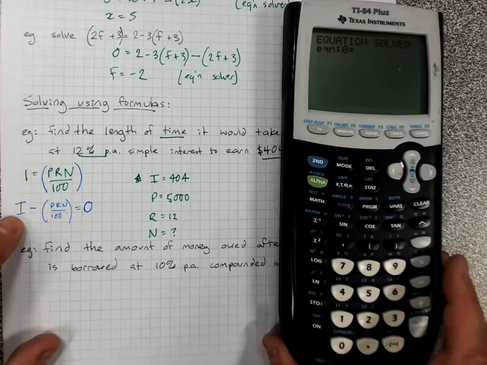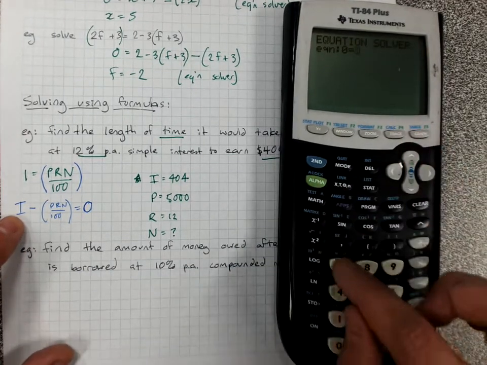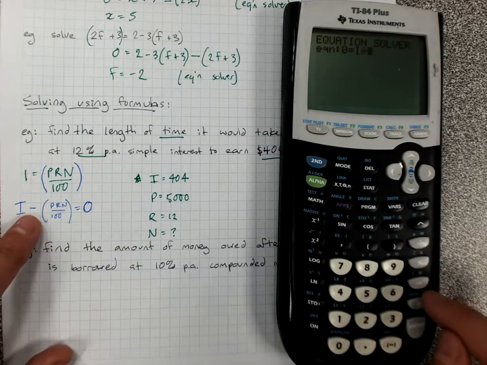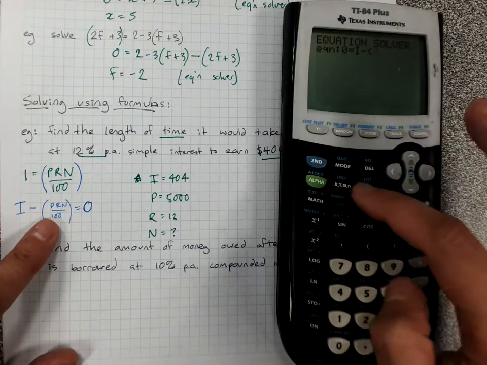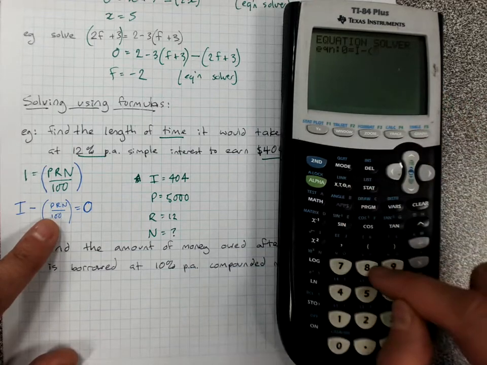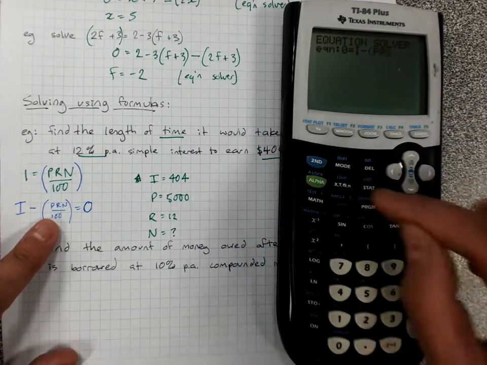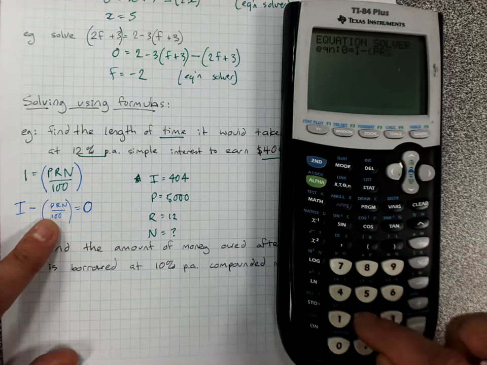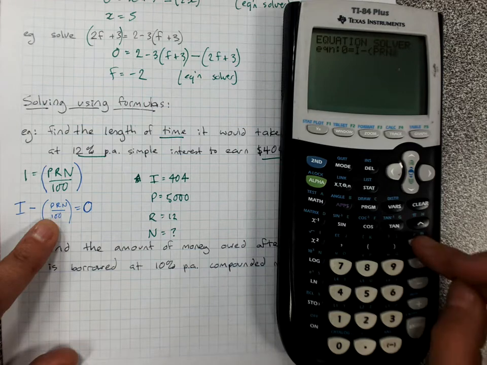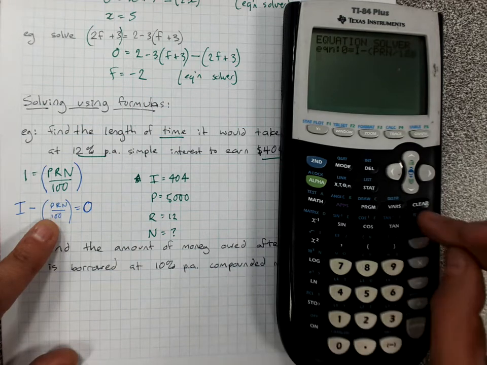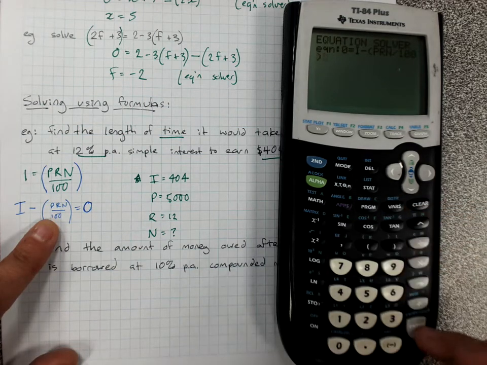Definitely use the right letters. I minus brackets P R N is N on, so divide by 100. Close your bracket.